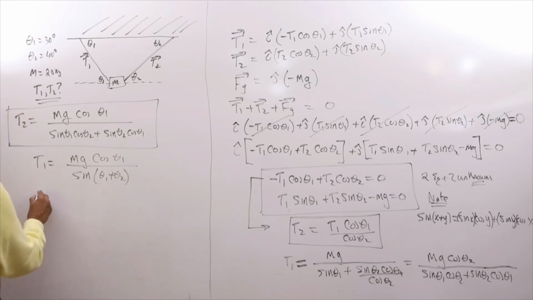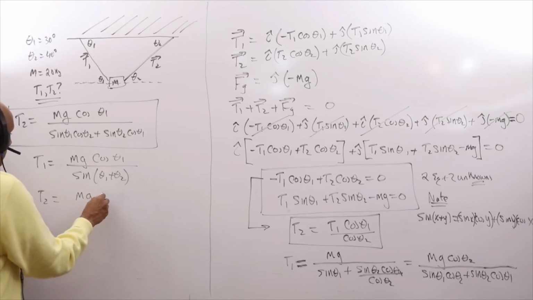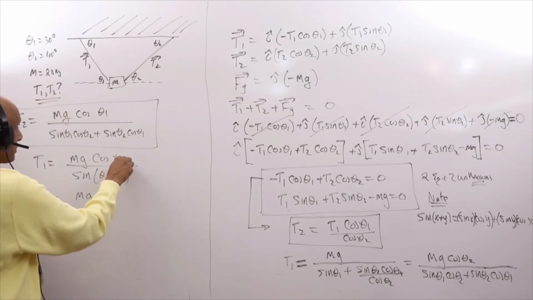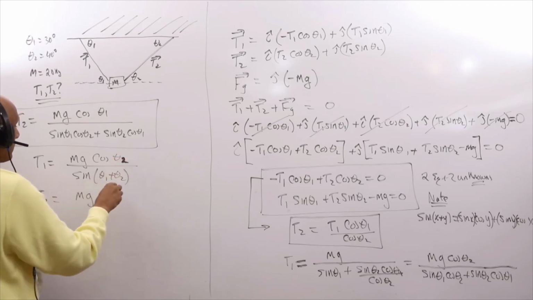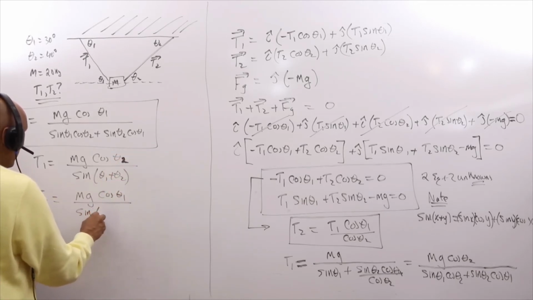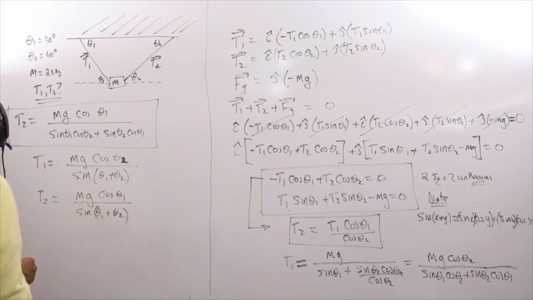And T2 is equal to mg cosine, oops, did I make a mistake? Yes, I did. That's supposed to be theta 2, the opposite angle. So cosine of theta 2 divided by sine of theta 1 plus theta 2. Great.